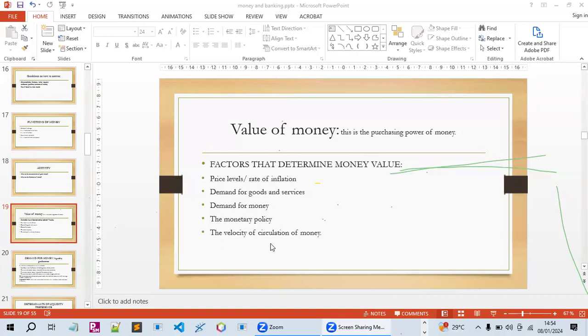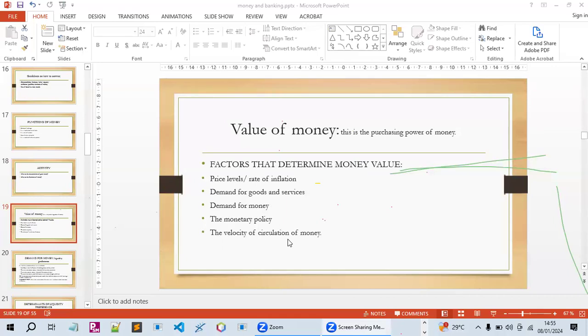And then for the velocity of circulation of money, the higher the rate of velocity or circulation of money, the higher the money supply, and hence low money value. While the lower the rate of velocity or circulation of money, the lower the money supply, and hence a higher money value.